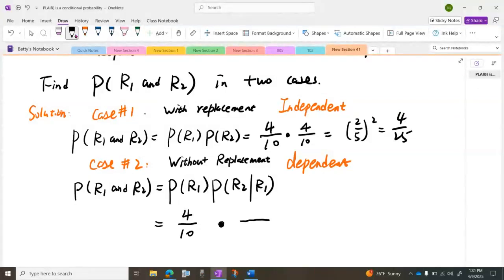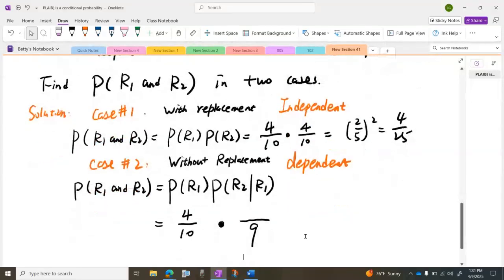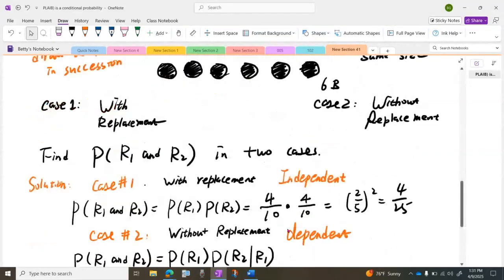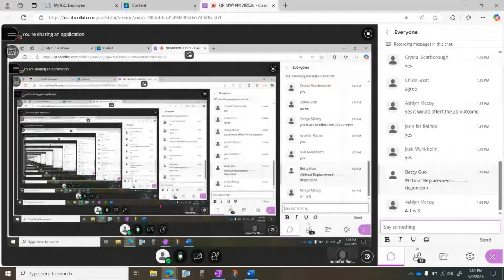After that, we find the probability of getting the second marble red. Since the first time you already got rid of a red marble, now in the bag you only have 9 marbles. How many of them are red? 4 minus 1, yes, exactly 3.